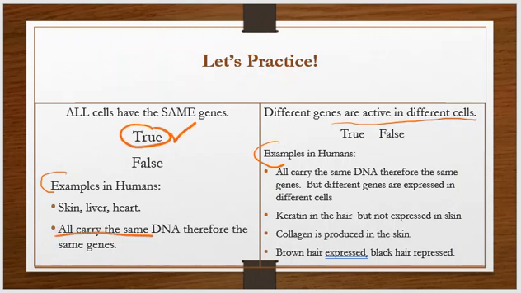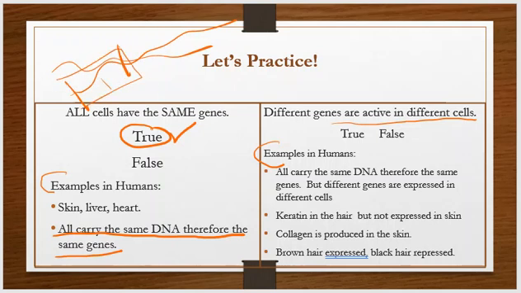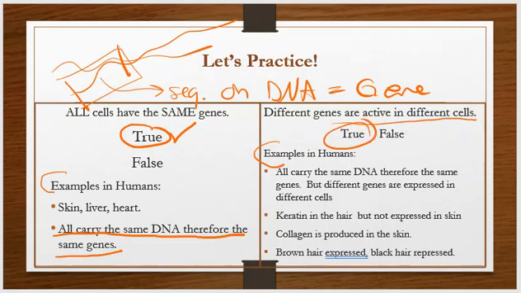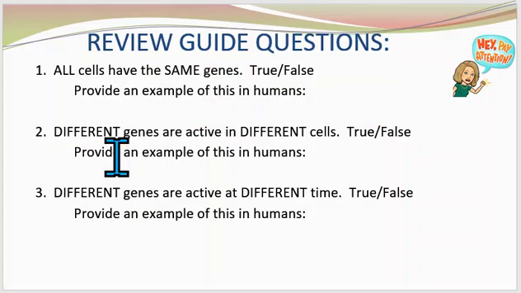It says all carry the same DNA, therefore they have the same genes, because a gene is just a sequence on the DNA strand, right? It's just a sequence on the DNA strand. So if they have the same DNA, they have the same gene. And genes are active in different cells. That's true.